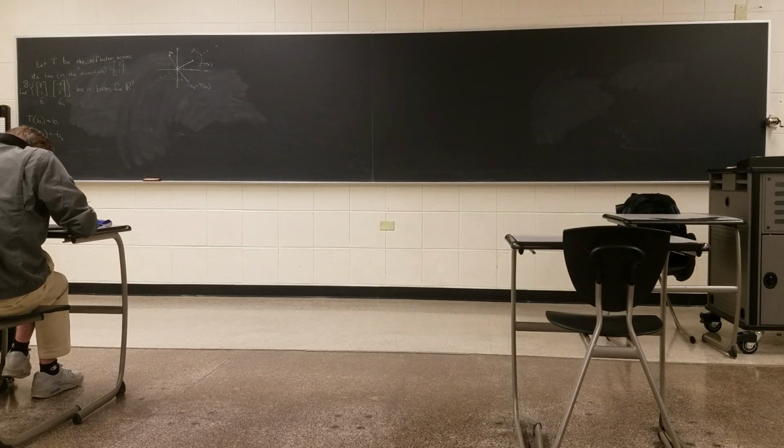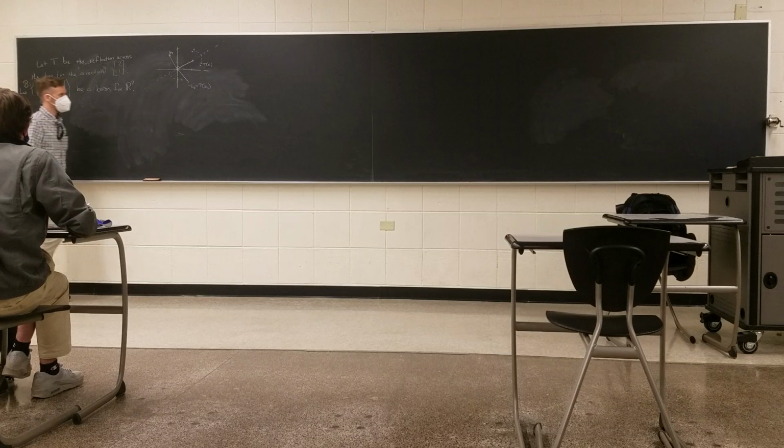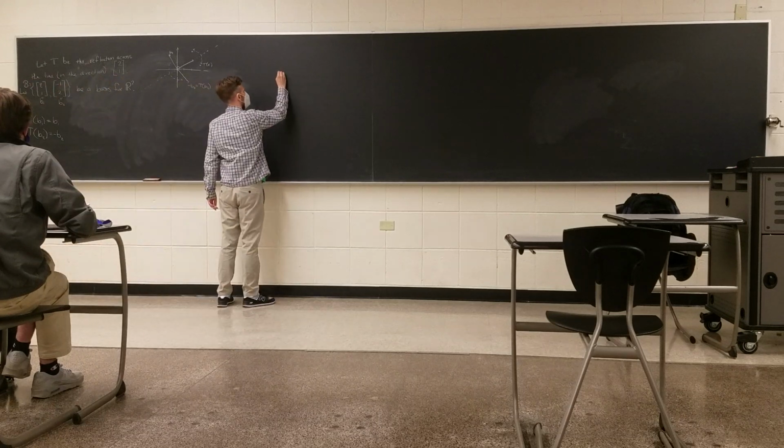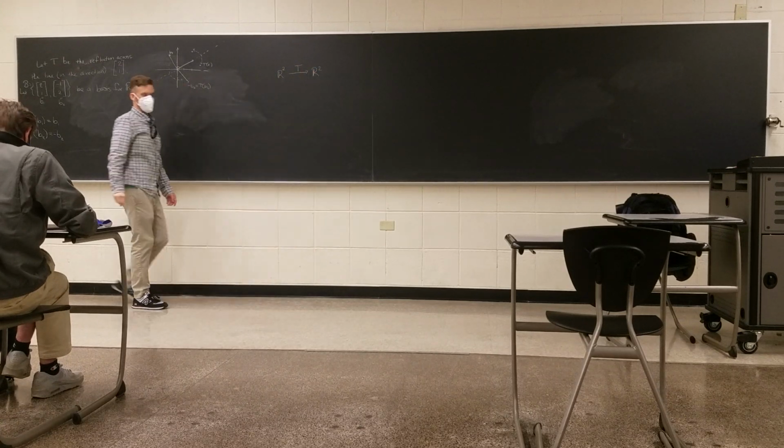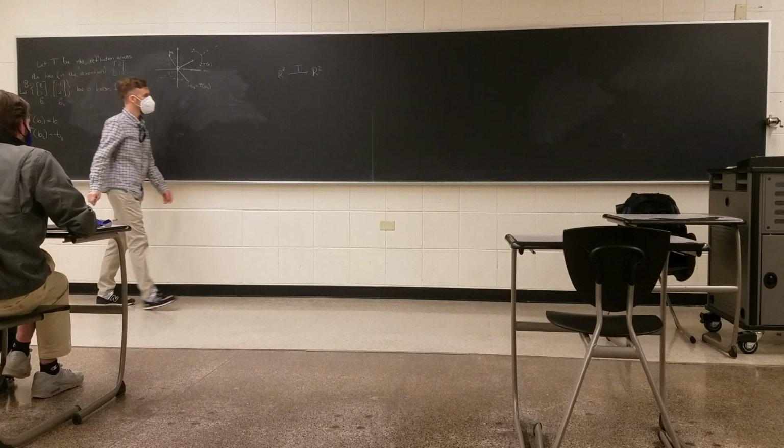One thing that we could do is figure out what the matrix of the, what do they call this in the book? The B matrix. So if we think about R2, T takes something in R2 and sends it to R2.